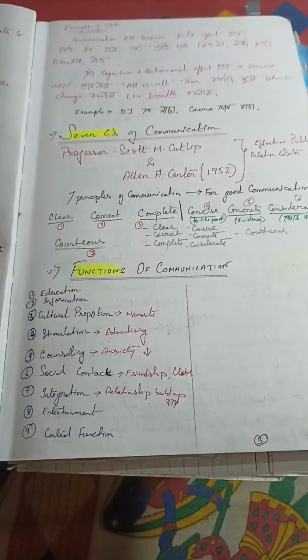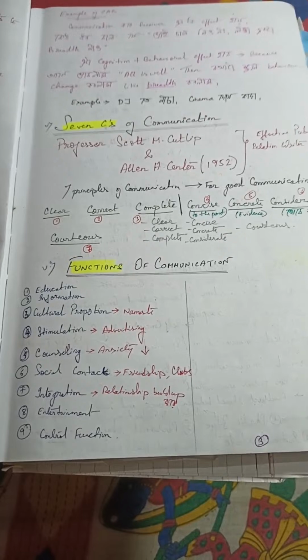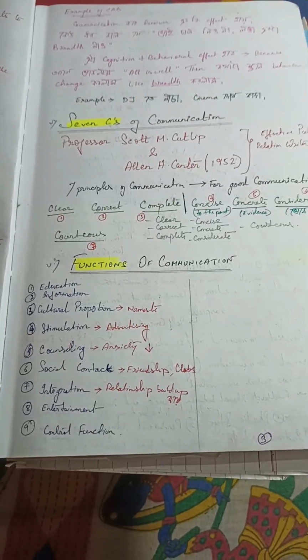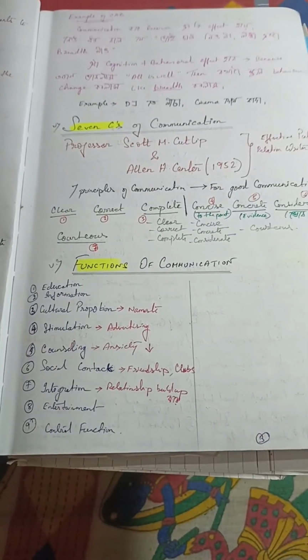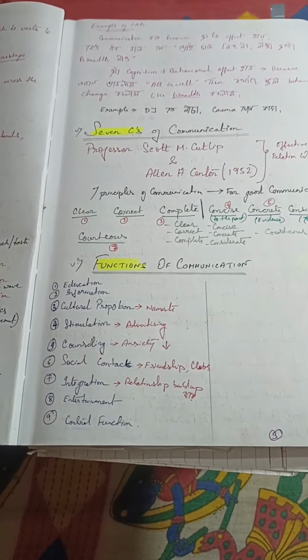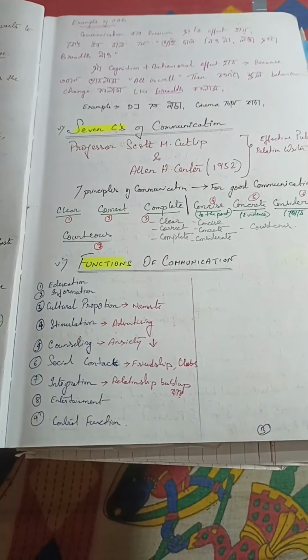You are getting this academic content, so this is for education purposes. The basic functions of communication are to educate, to inform, and cultural promotion. That means doing cultural things. Our culture is doing namaste.